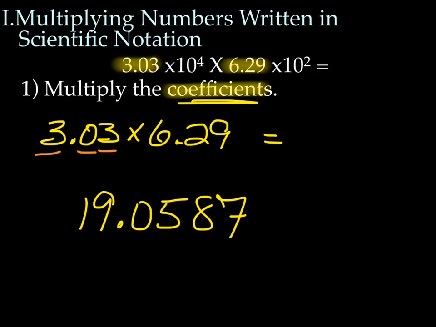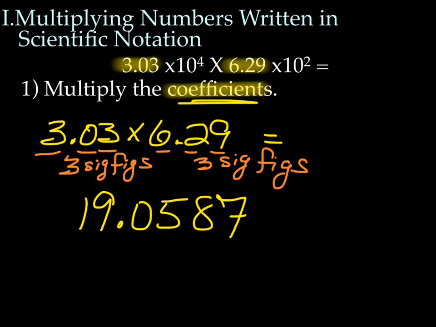The 3 and the 3 are significant because they're non-zero digits. The 0 is also significant because it's between non-zero digits. So 3.03 has 3 sig figs. And if we look at the 6.29, we have 6, 2, and 9, all of which are non-zero digits, so it also has 3 sig figs.